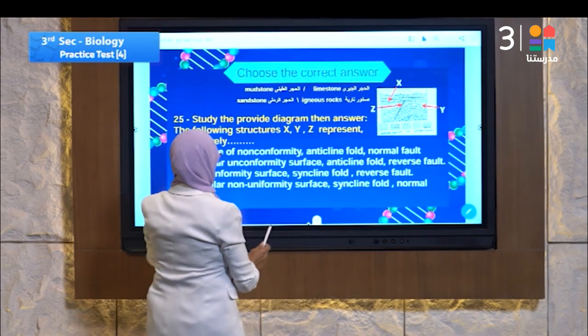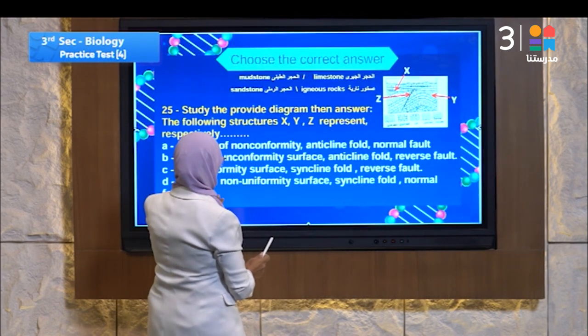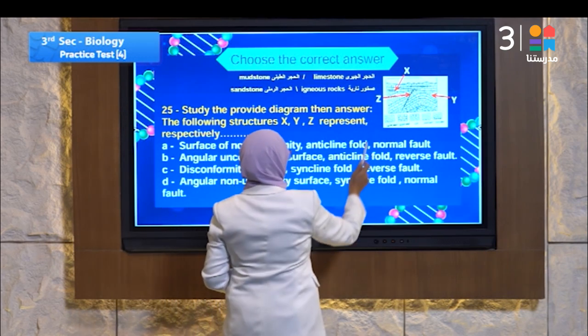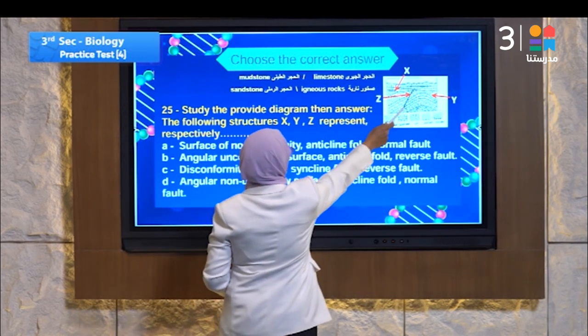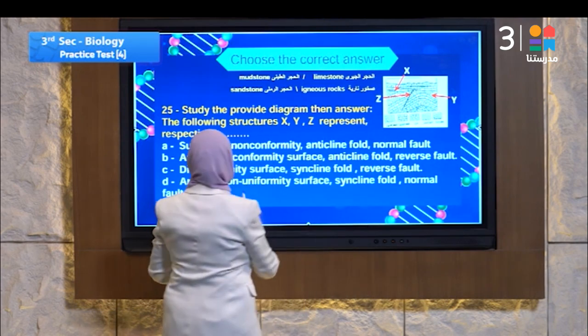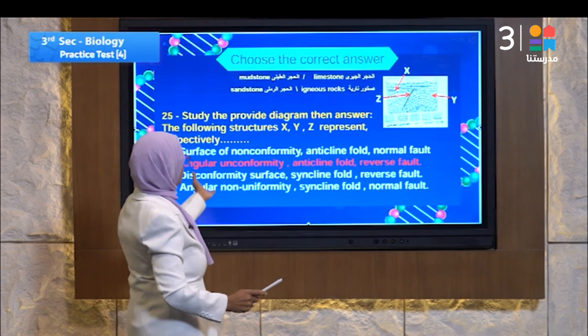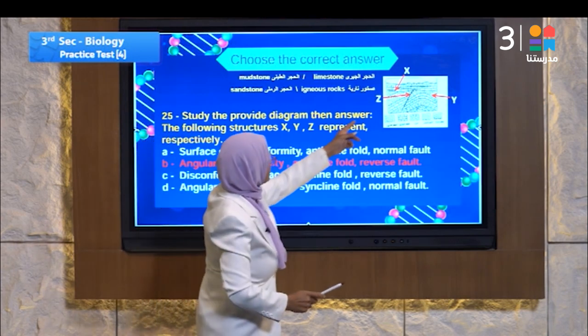No. Syncline faults, that's number Y. No. Normal faults, number Z. That means the angular unconformity will be X.